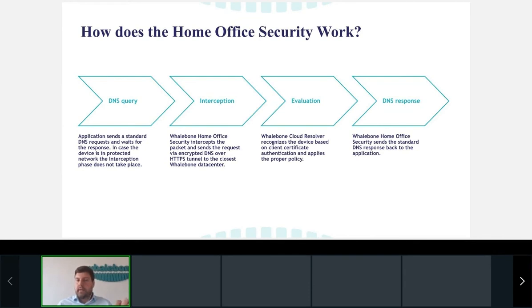And then, based on the authentication, which is set up between the client and the data center, the proper policy is applied, the proper filtering result is applied, and the response is sent back to the client. And then the original DNS response is sent back to the application. So you are free to go to google.com, but you are blocked and redirected if going to some malicious website.